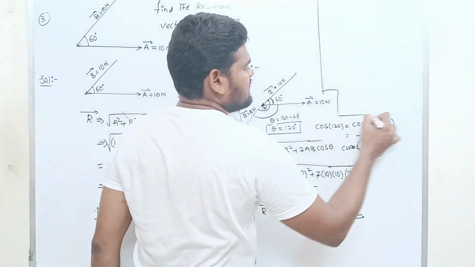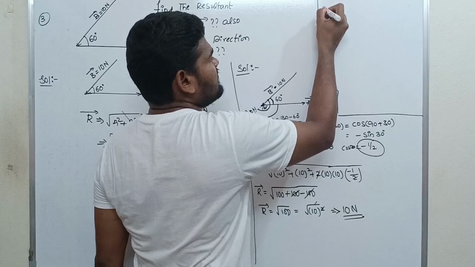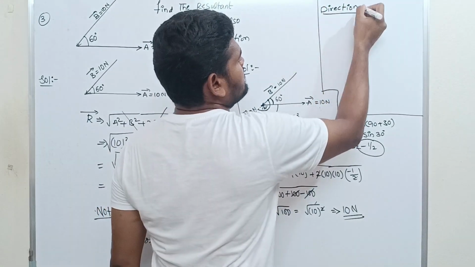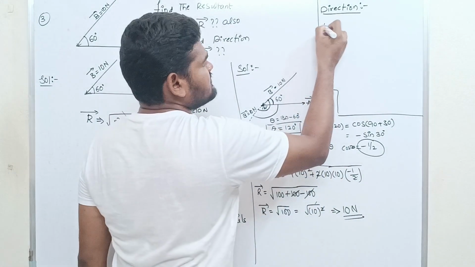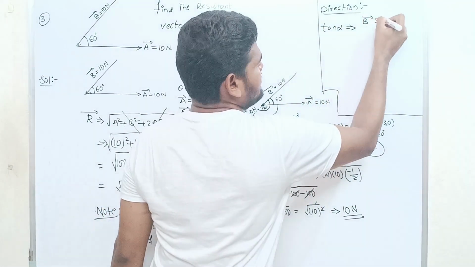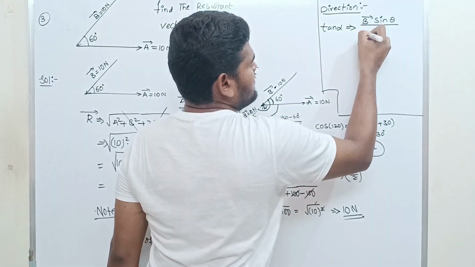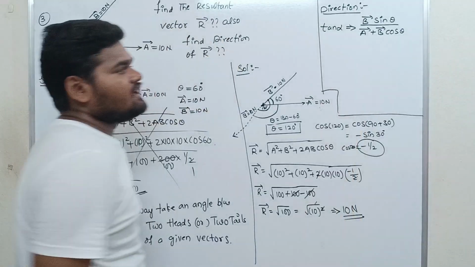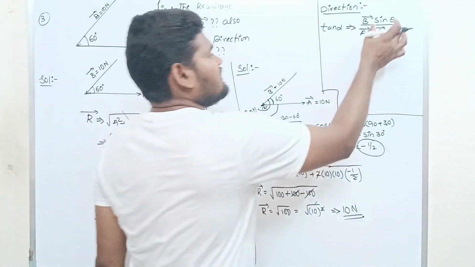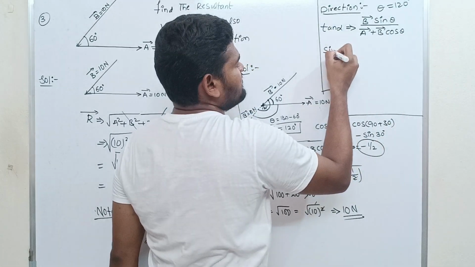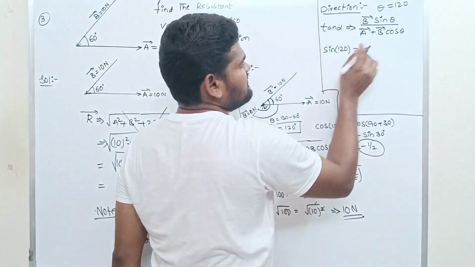Right. Now what do we have to find? We have to find the direction of R bar. So what is the direction of R bar? Tan alpha is equal to b bar sin theta divided by a bar plus b bar cos theta. Very good. Theta is 120 degrees. So what is the value of sin 120?